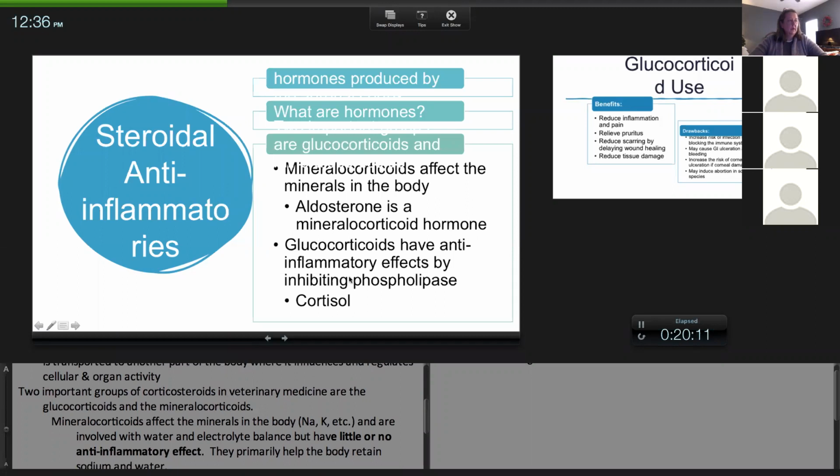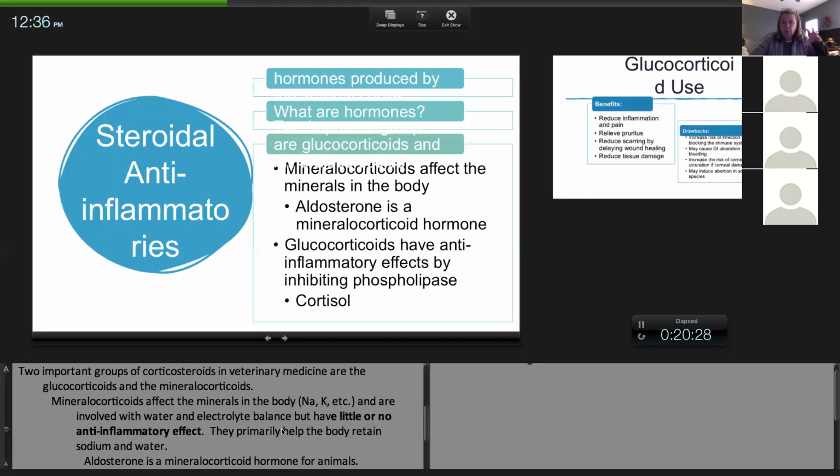The glucocorticoids have an anti-inflammatory effect, okay? They release cortisol, which is normally released in times of stress. Injury and pain can cause stress, right? So we get a release of cortisol. Aldosterone is a mineral corticoid, and think about mineral corticoids affecting minerals, sodium, potassium, and I think about water balance. When I hear minerals, water balance, electrolyte balance, sodium, potassium.